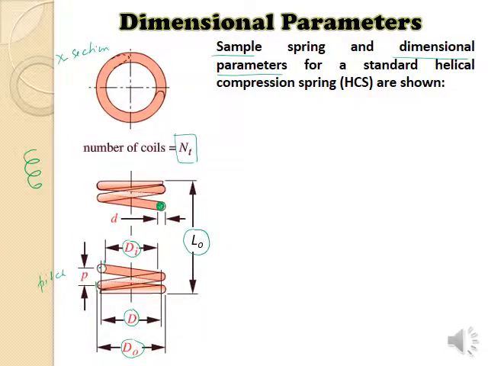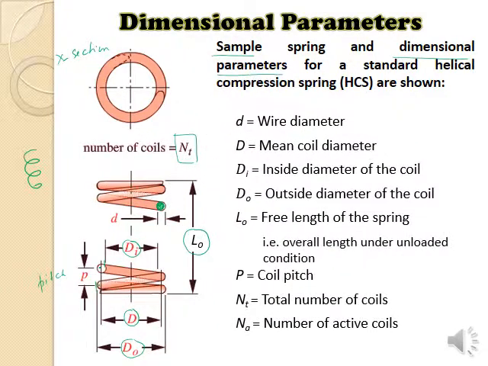So in summary, d is the wire diameter of the spring, meaning the wire which is used to make the spring, what is its diameter? D is the mean coil diameter. One round of helix is called one coil. This is the inside diameter of the coil, as you can see from here to here.